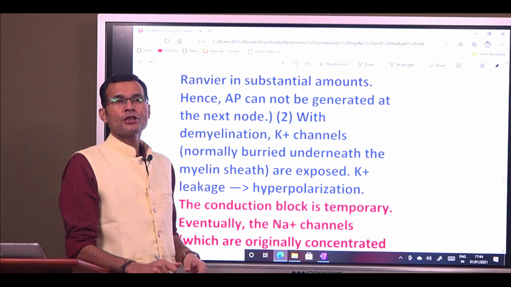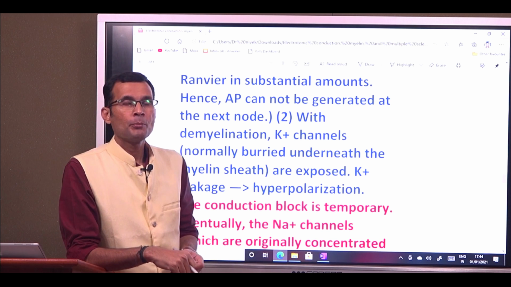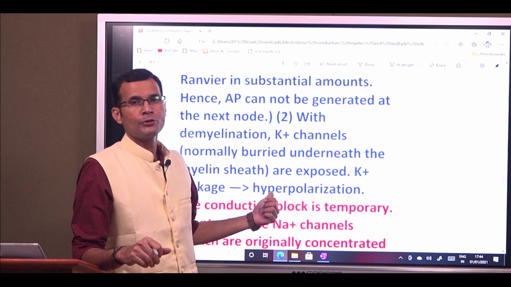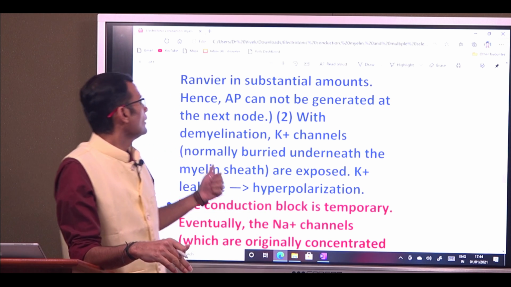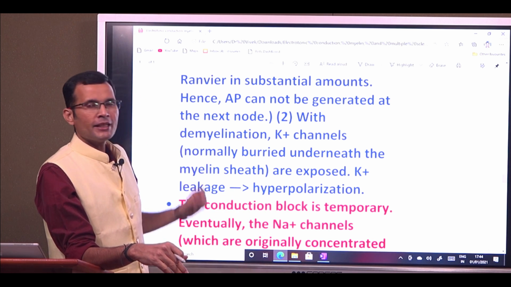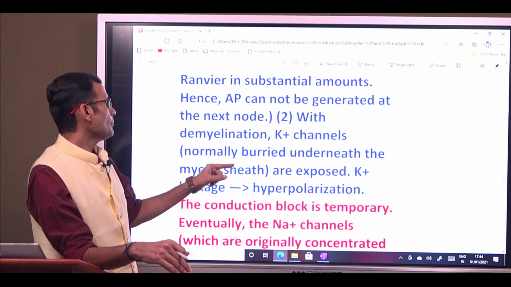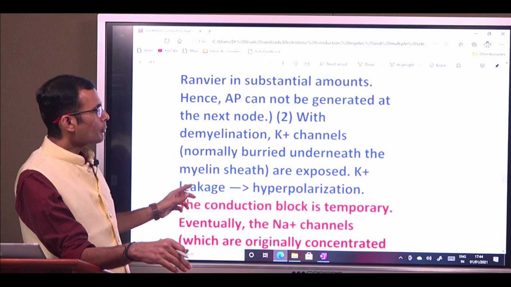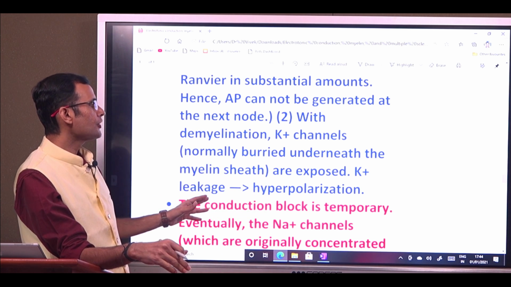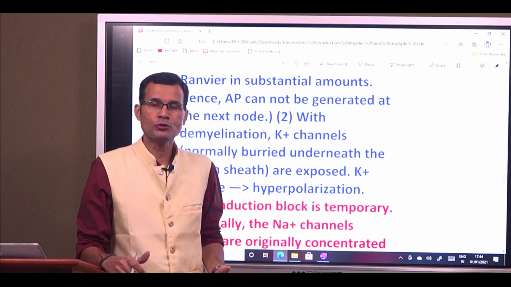The second point, which we should not miss, because treatment strategy is related to it, so listen to that. With demyelination, the potassium channels which are normally buried underneath the myelin sheath will get exposed.